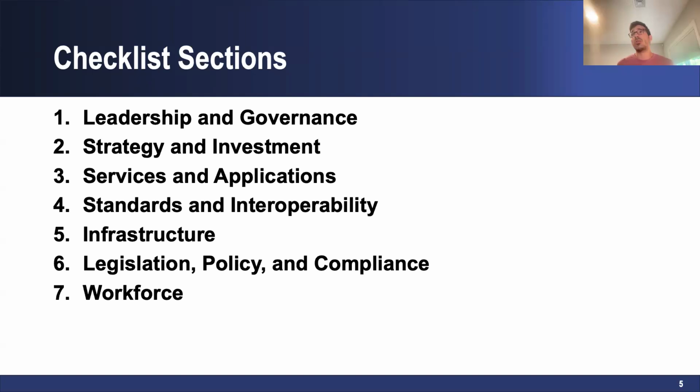The second one is strategy and investment, understanding what's the roadmap for SRS and SRS ICT, are appropriate resources allocated towards that strategy, both for launch and sustained maintenance to ensure success. The third is services and applications.